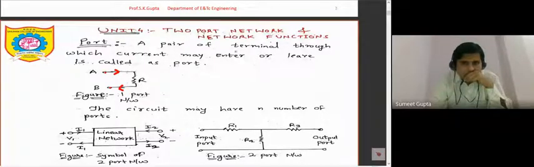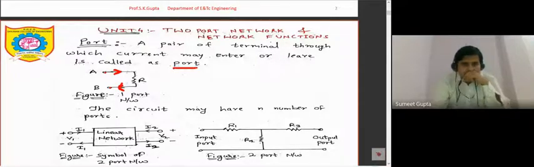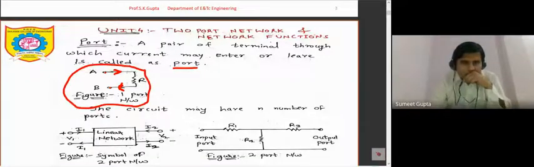A pair of terminals through which current may enter and current may leave is called a port. This is a very basic example of a one-port network.